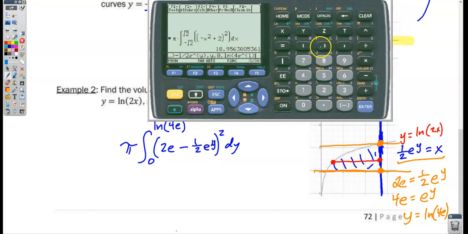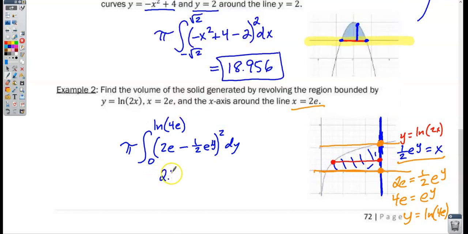I think I've got enough parentheses there. And there is the volume of our solid. We're going to say 25.248. 25.247 also acceptable.